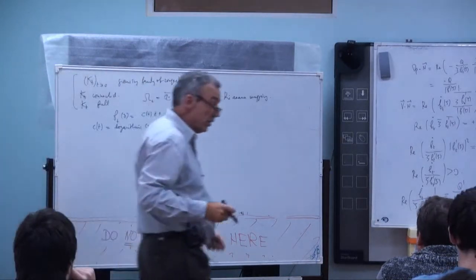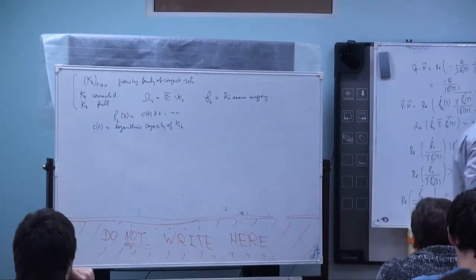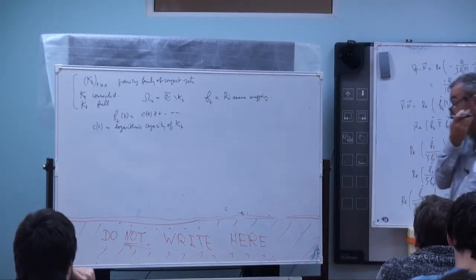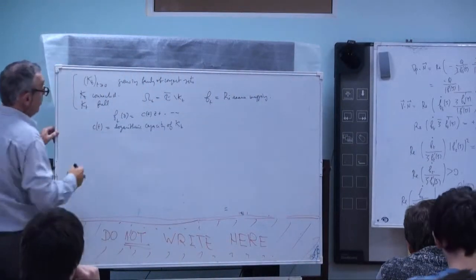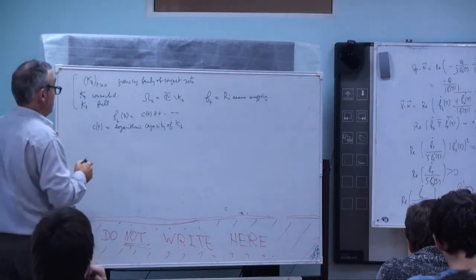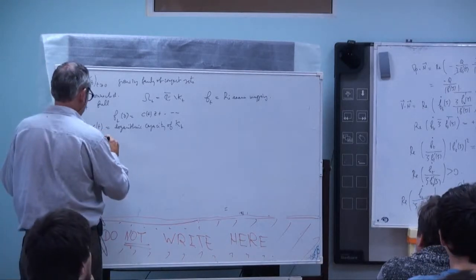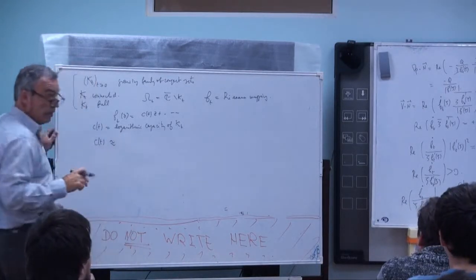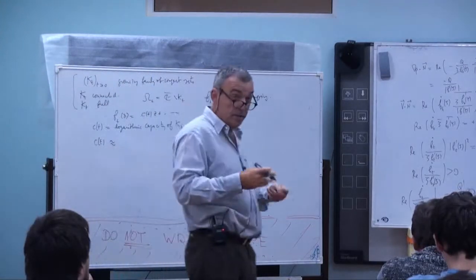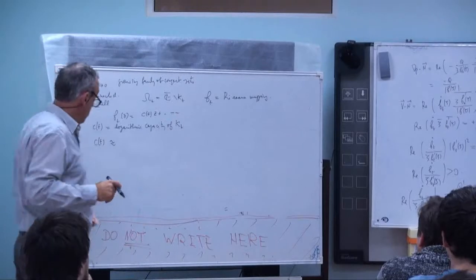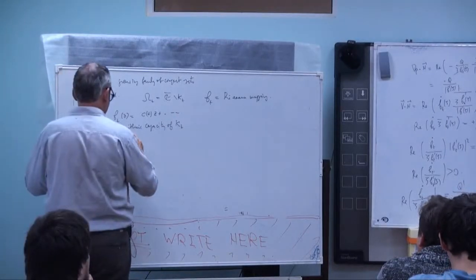This is the logarithmic capacity of K_t, and by Koebe's theorems, it appears that c(t) is equivalent in a very strong sense, I mean between two constants which are actually 4, to the diameter of K_t.